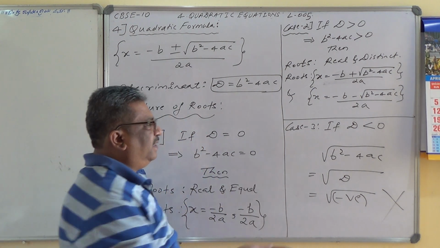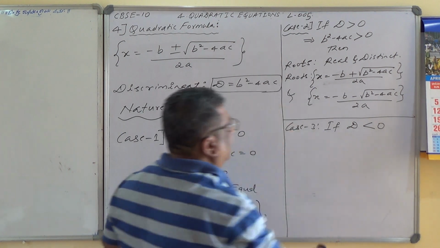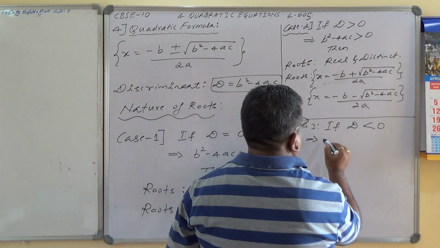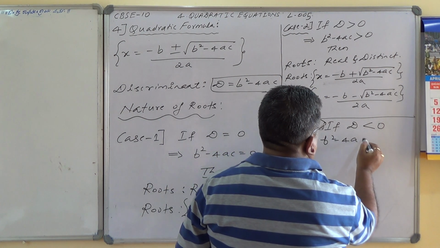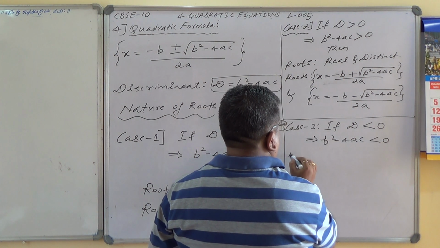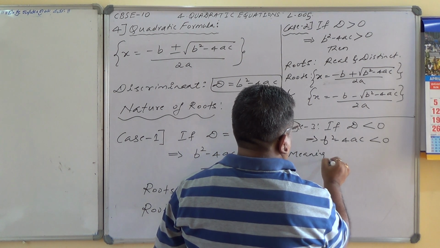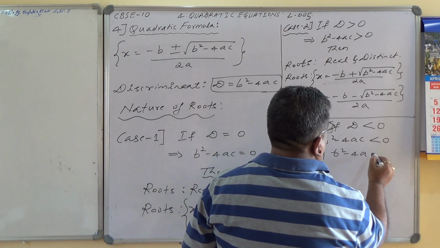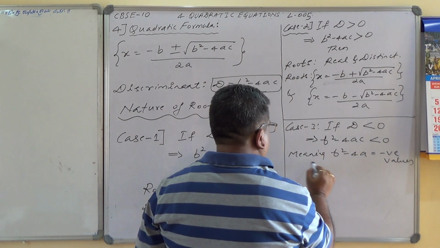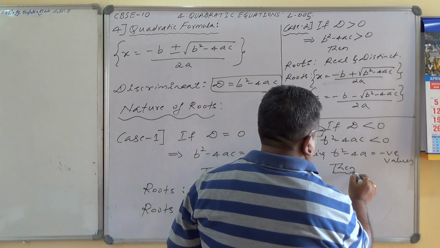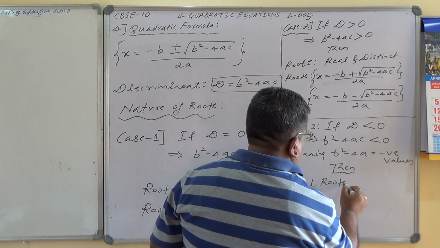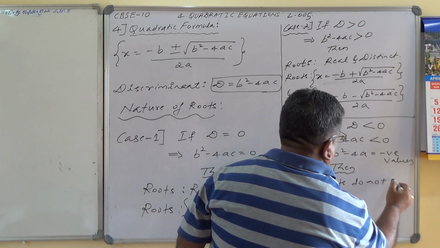Okay, that's fine. So case 3, if d is less than 0, implies b square minus 4ac is less than 0, meaning b square minus 4ac equals negative values, then real roots do not exist.